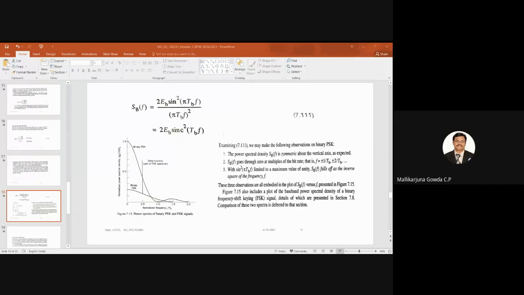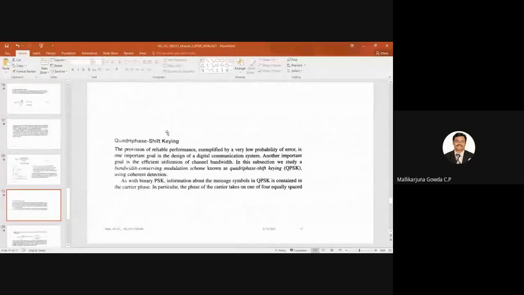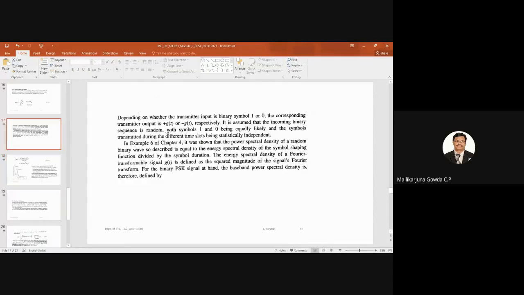Sometimes they ask this also, power spectra of so and so. I think we should be able to reproduce this. Fine. So this is all about BPSK, what I wanted to say. If you have any questions, you can ask. Otherwise, I will proceed further to the next one.